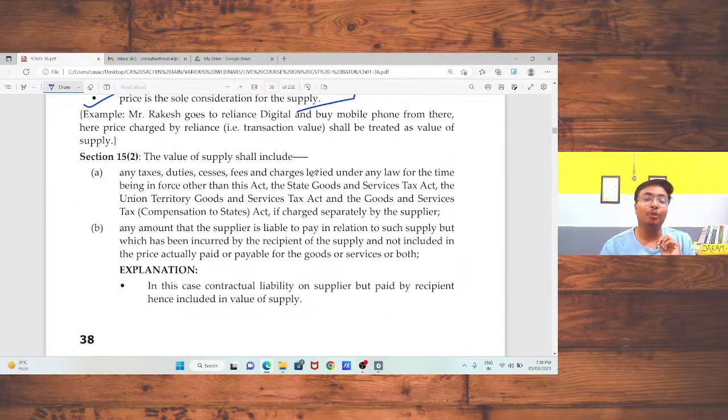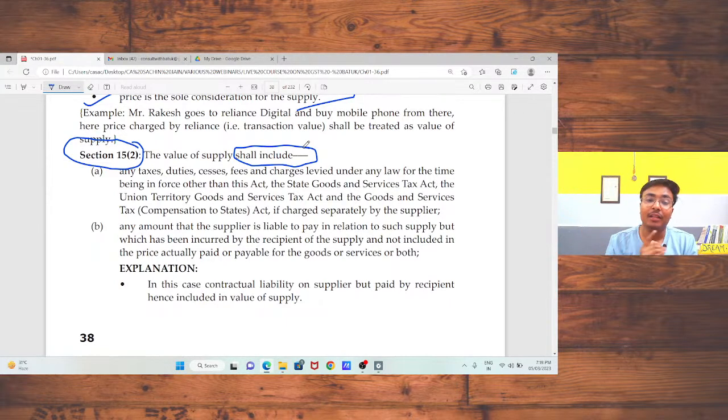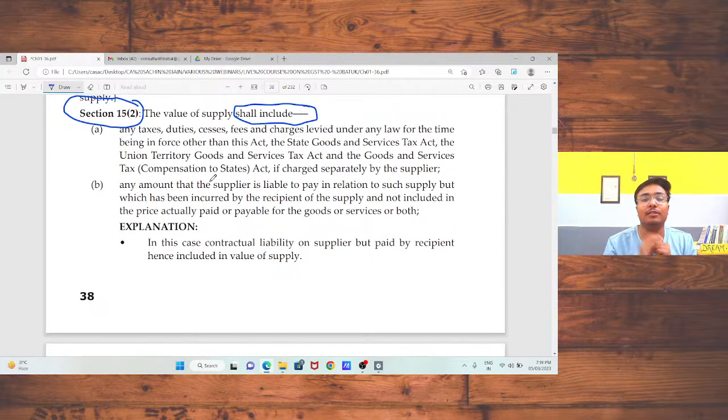Now, sir, how to calculate the value of supply? For that purpose, there is section 15 subsection 2. The value of supply shall include. Sir, here also the words used are 'shall include', which means the definition is wider. So the value of supply includes any tax charged under that invoice except CGST, SGST, IGST, UTGST, because those will be charged after the taxable value.